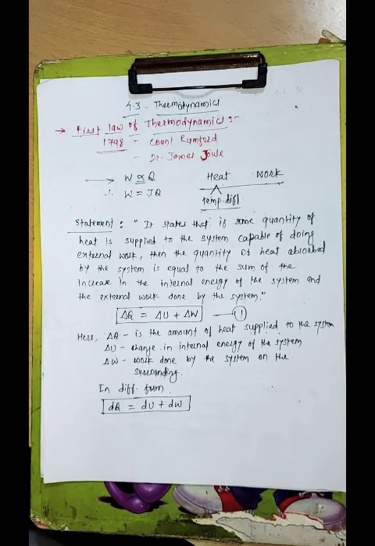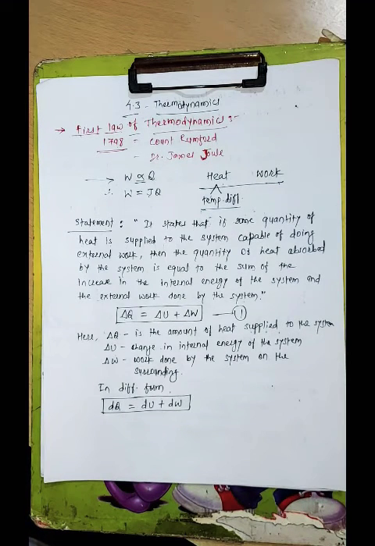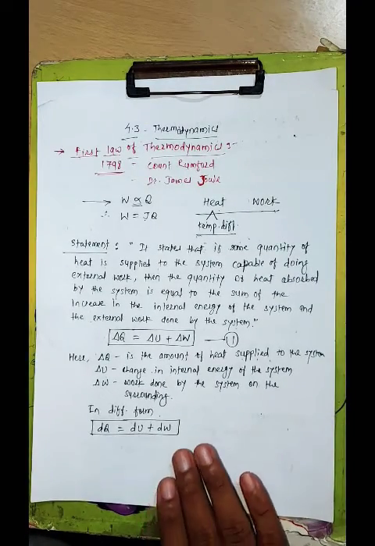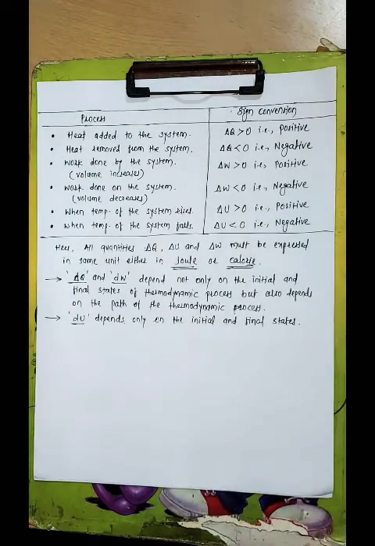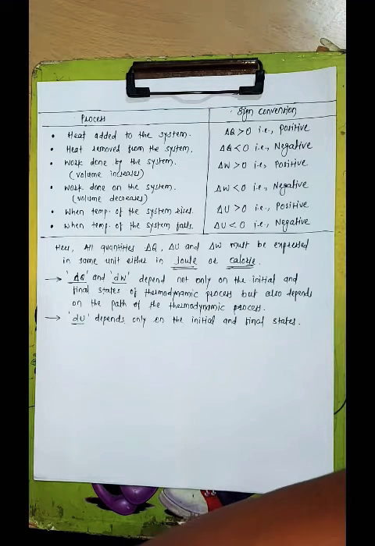Now we will see some thermodynamic sign convention for heat and work, and for that we have to make a table here. So for your understanding, we draw a table.